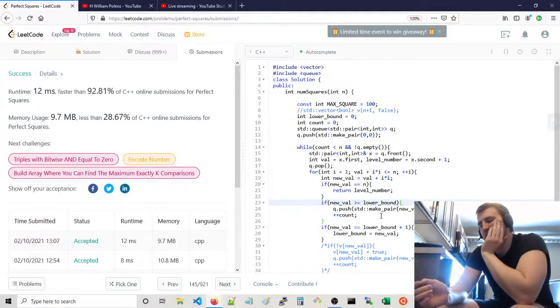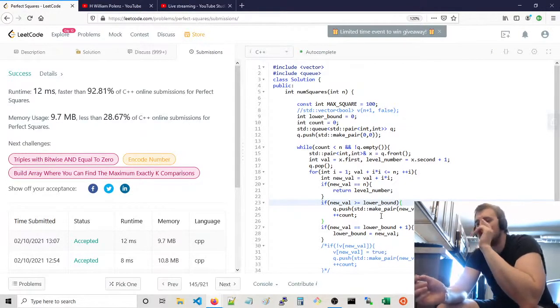I guess I should look at the discussion. The problem is, or what I'm trying to do is, I want to say, basically, if we've already seen this number, then don't push it onto the queue. How do I know if we've already seen this number, though?